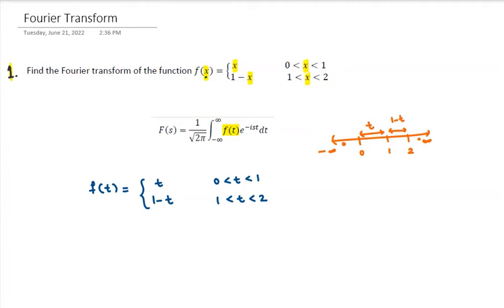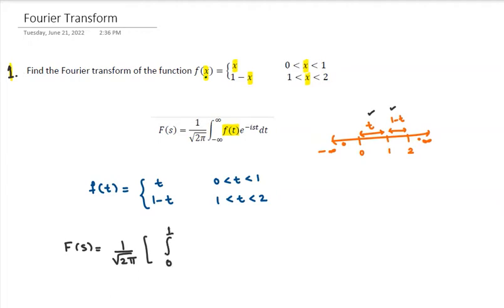Our Fourier transform F(s) is equal to 1 over square root of 2 pi. Now we can see that in the other intervals it will be 0. The only non-zero value will be in the intervals 0 to 1 and 1 to 2, so we will have two non-zero integrals.